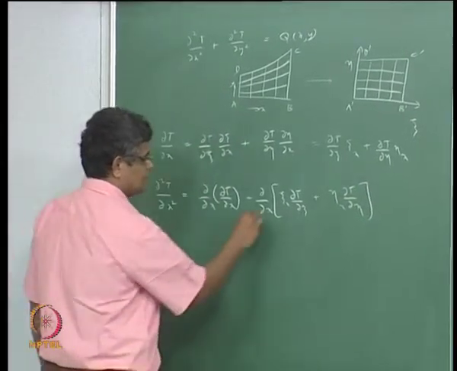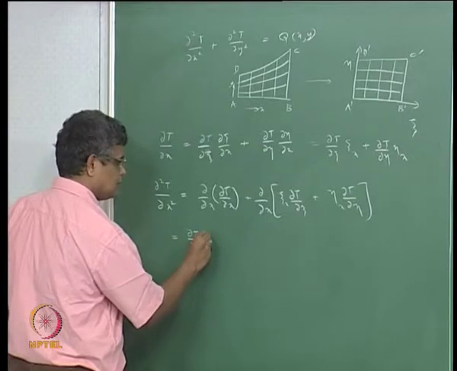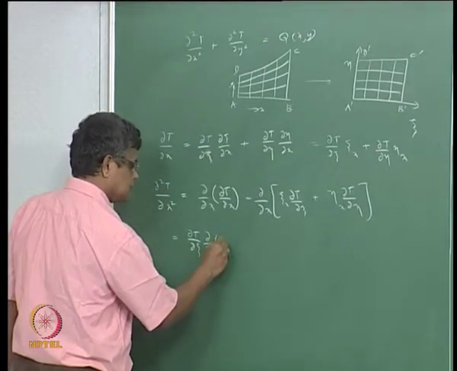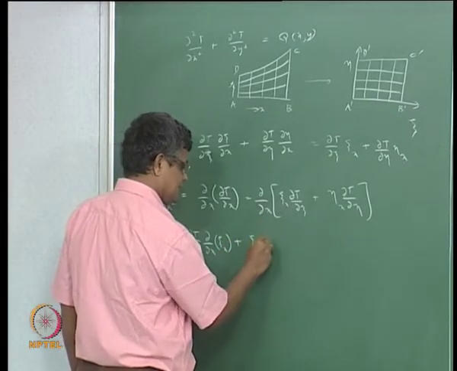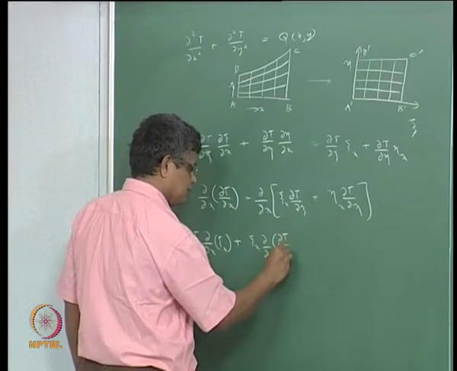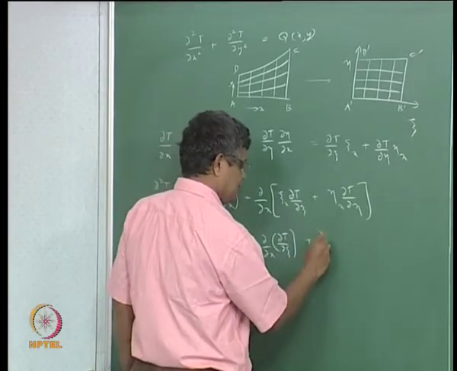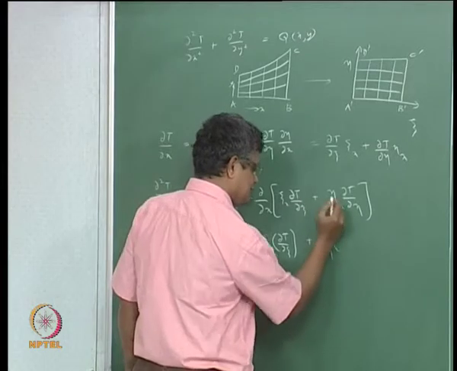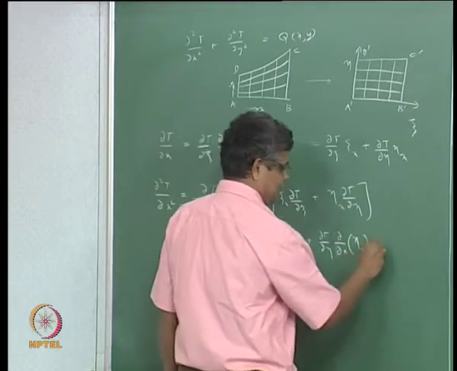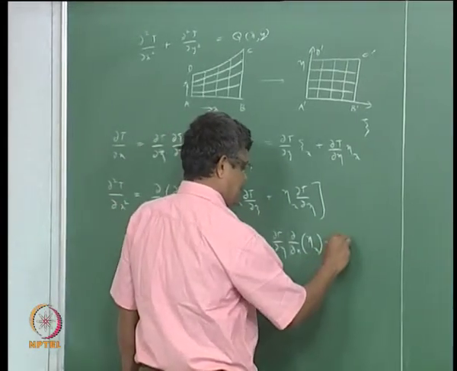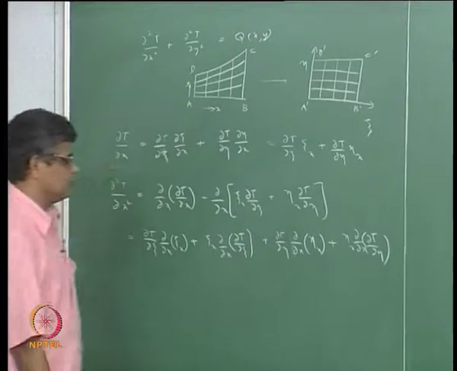Now we can write this as psi x times dou by dou x of dou T by dou psi, plus dou T by dou psi times dou by dou x of psi x, plus dou T by dou eta times dou by dou x of eta x, plus eta x times dou by dou x of dou T by dou eta.